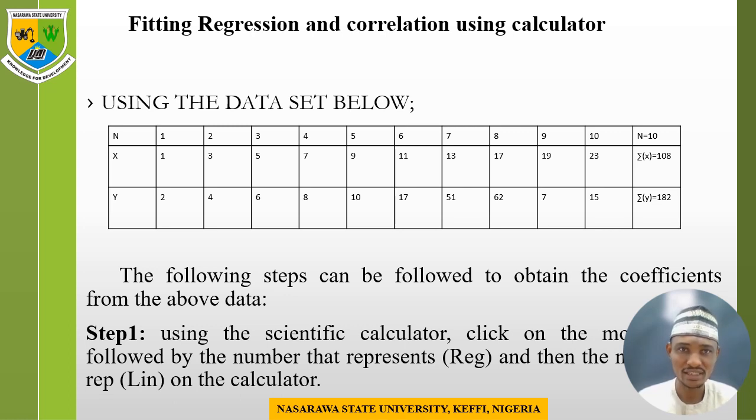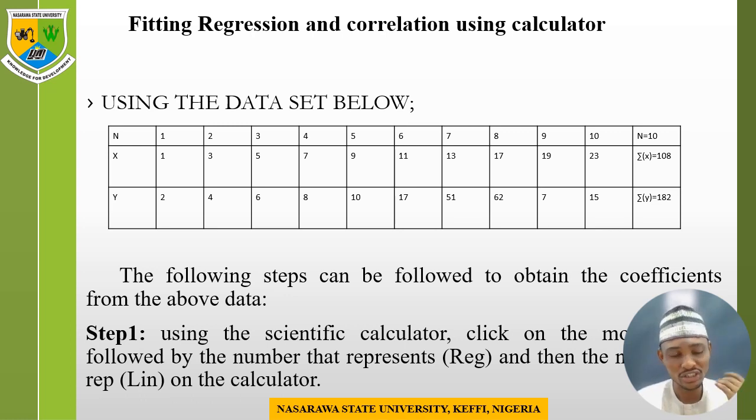Now, for you to get your regression using a calculator from this particular table, you click on your mode, followed by the number that represents regression.